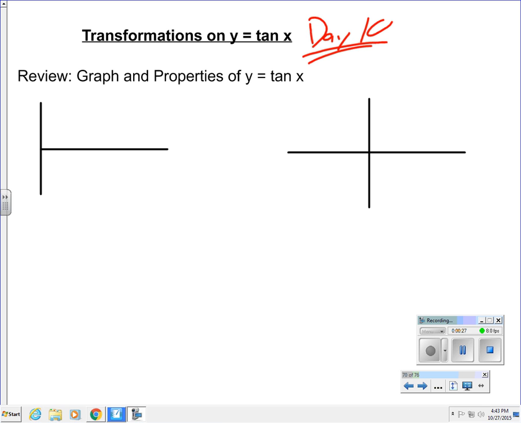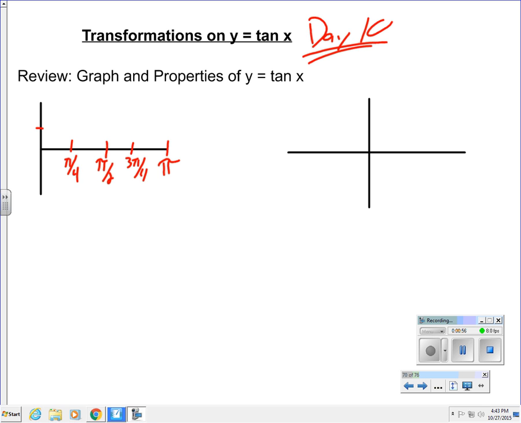So the graph on the left, that's one way we can graph tangent. Remember that tangent has a period of 180 degrees, or in radians, that's pi radians. And just like with the sine and cosine graphs, we mark off every quarter of the way along the period to make our pattern.